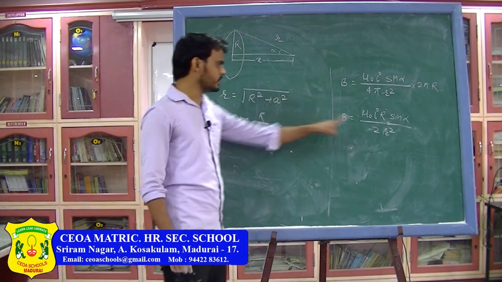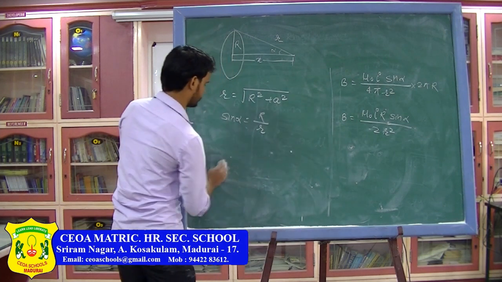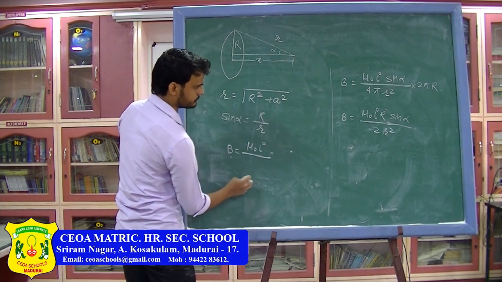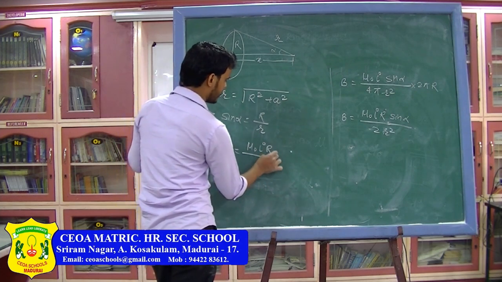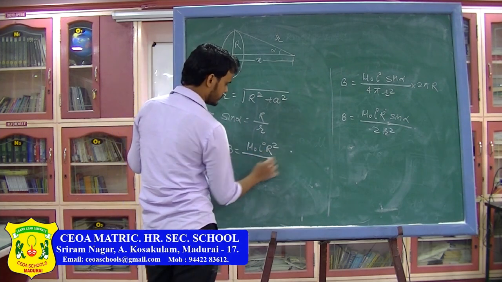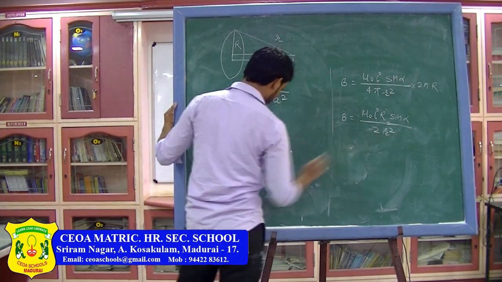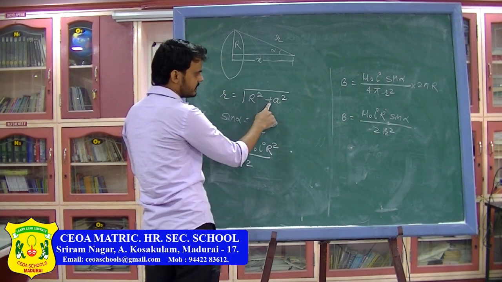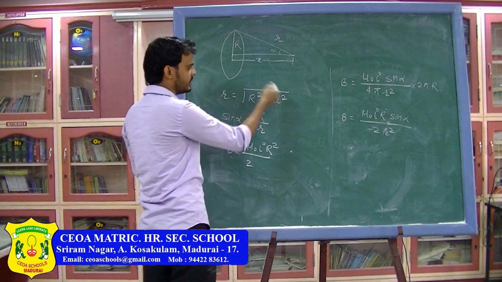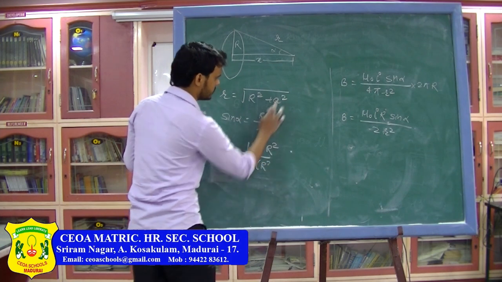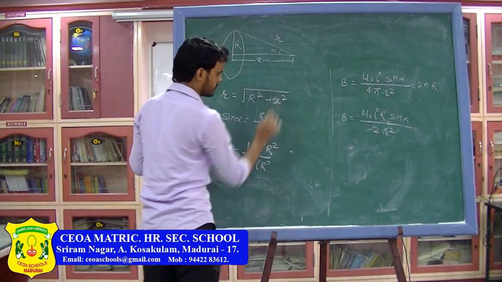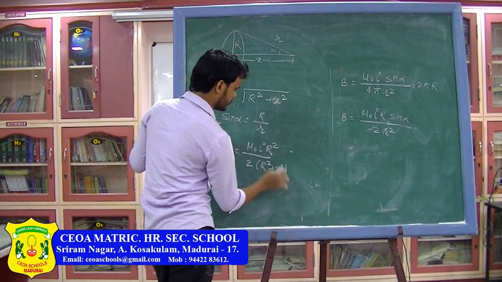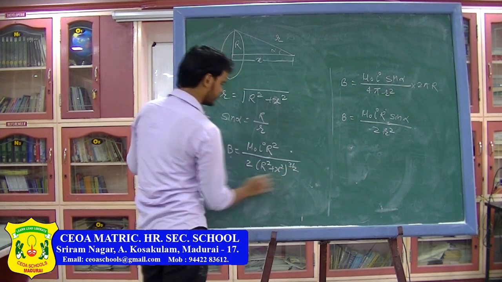So, if I replace these two values here, I will get mu naught I into R. So, sin alpha can be written as R square divided by r. So, this will become 2 r cube, which can be written as 2, instead of r I can write R square plus x square under root, and r cube will be, sorry, this will be R square plus x square power 3 by 2.